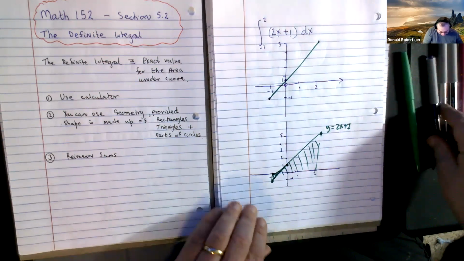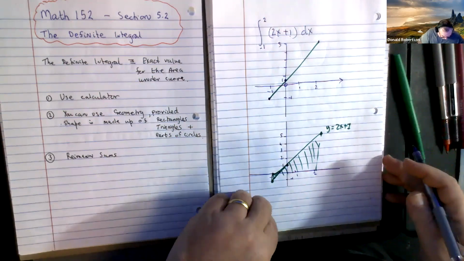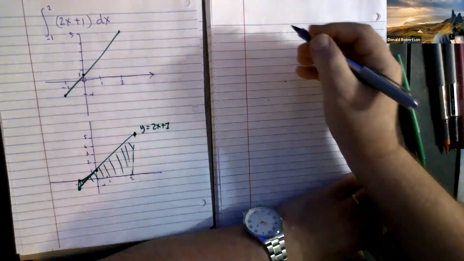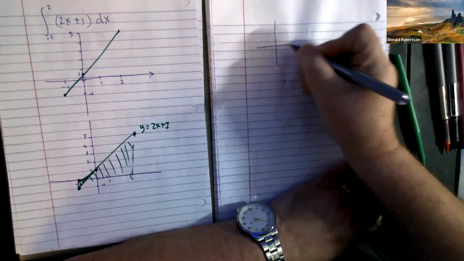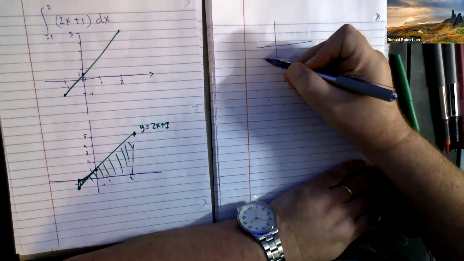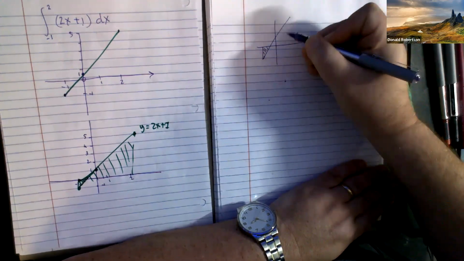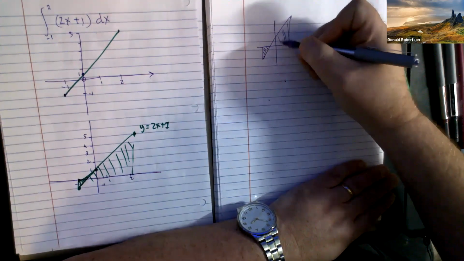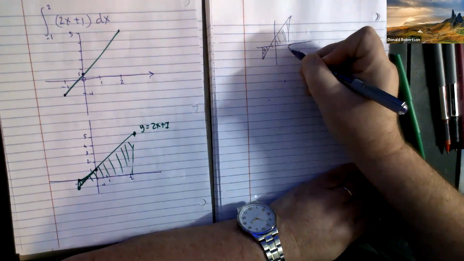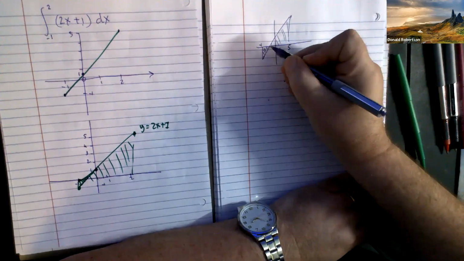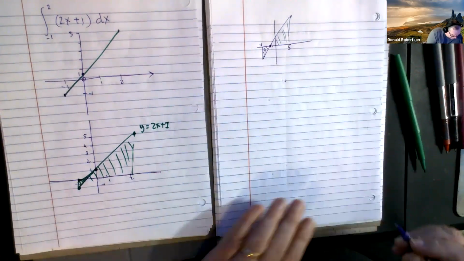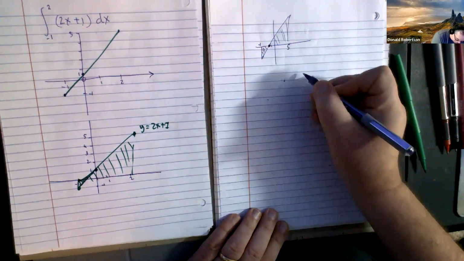So I need to split this into 2 distinct areas. So we've got our curve, and it looks something like this. And there's a guy here, and then there's a different guy up here. And I know that's 5, I know that's -1. I don't know that position yet. So let's find out where that is.